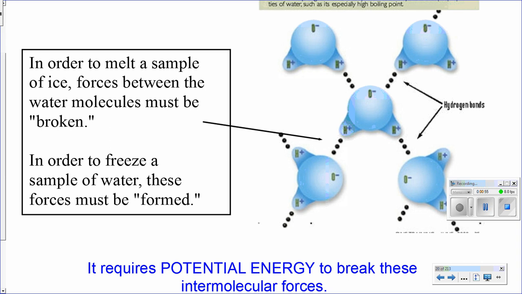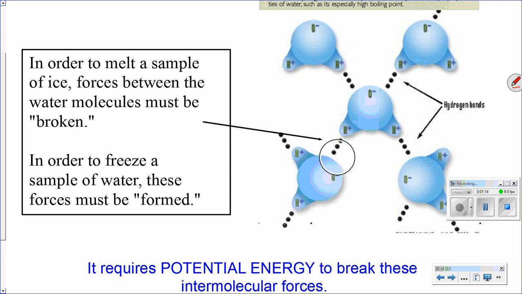The reason that this heat is necessary is because there are intermolecular forces between the separate molecules. So if we have a sample of ice, which is shown in this picture, we have all these little interactions right here that must be essentially broken. So there's potential energy needed to break those intermolecular forces.